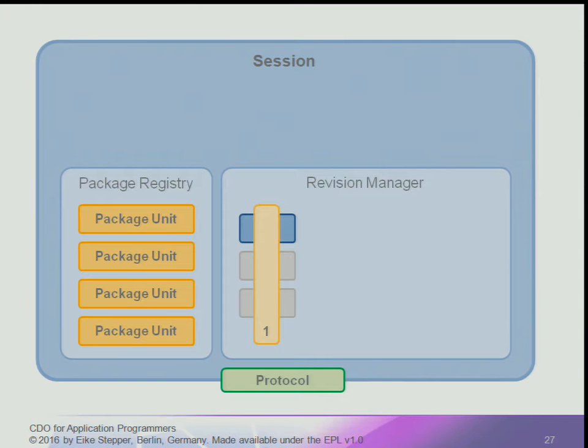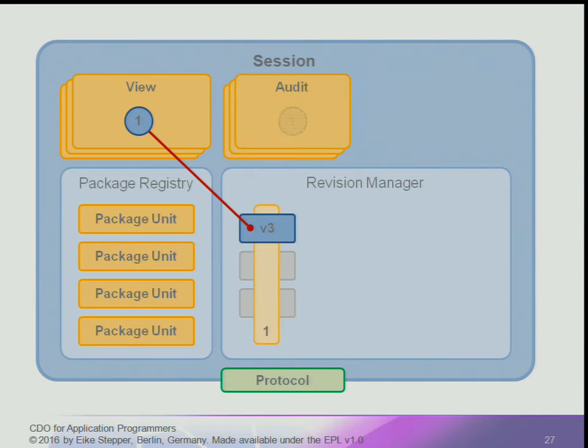What you always need to access the model graph, the E-object graph, is what we call a view. So this is an E-object, and it always points to a CDO revision. And such a view always points to the latest revision in a specific branch. This view looks at a branch at a specific time.